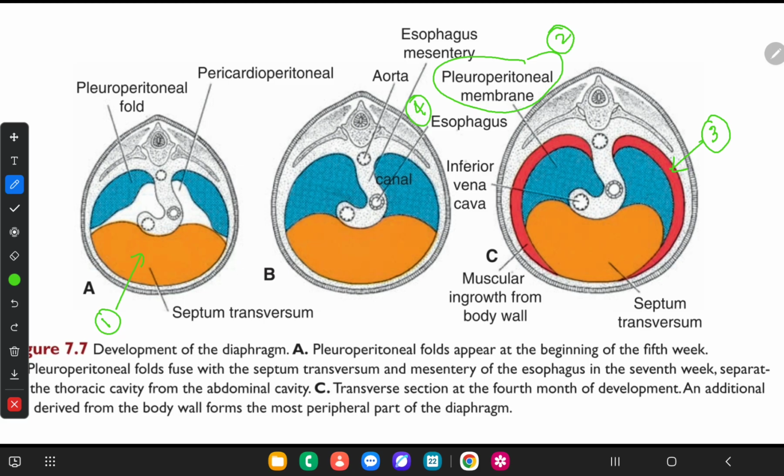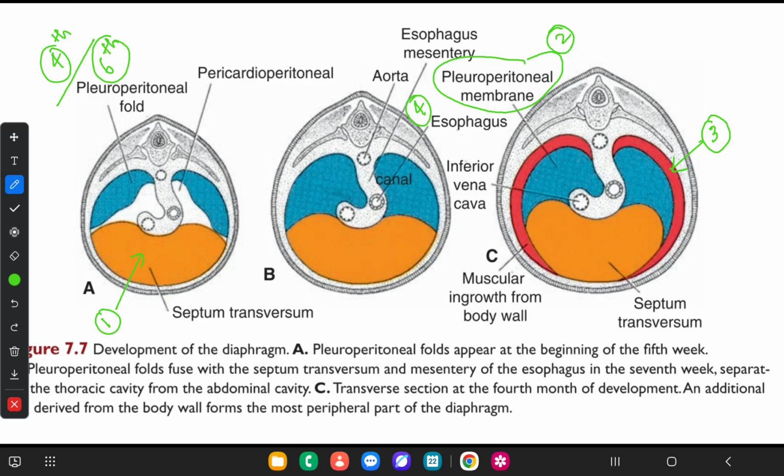During the fourth week, the septum transversum lies opposite to the cervical segments, but by the sixth week, remember, with the developing of the diaphragm, that comes to the level of thoracic somites.